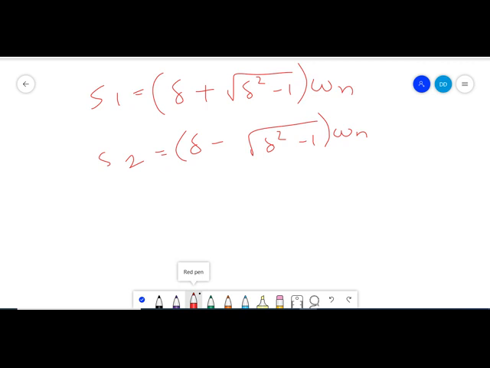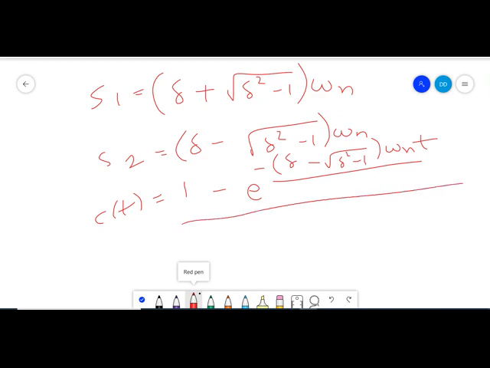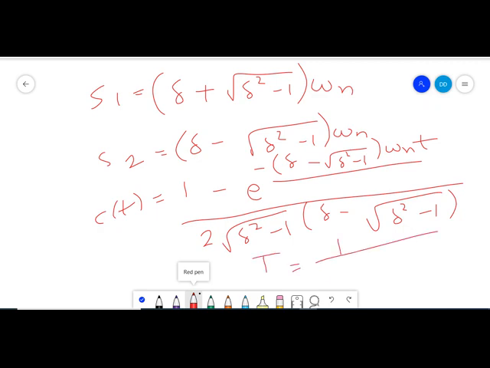So for values of delta comparatively greater than 1, the effect of the faster time constant on the time response can be neglected, and we can write C of t as 1 minus e to the power minus delta minus root of delta square minus 1 into omega n into t, all this exponential term, divided by 2 into root of delta square minus 1 into delta minus root of delta square minus 1.